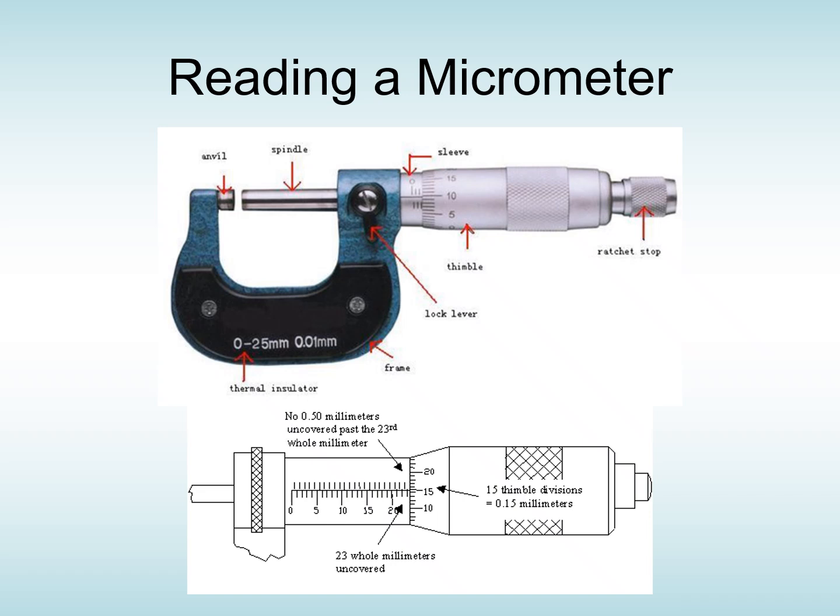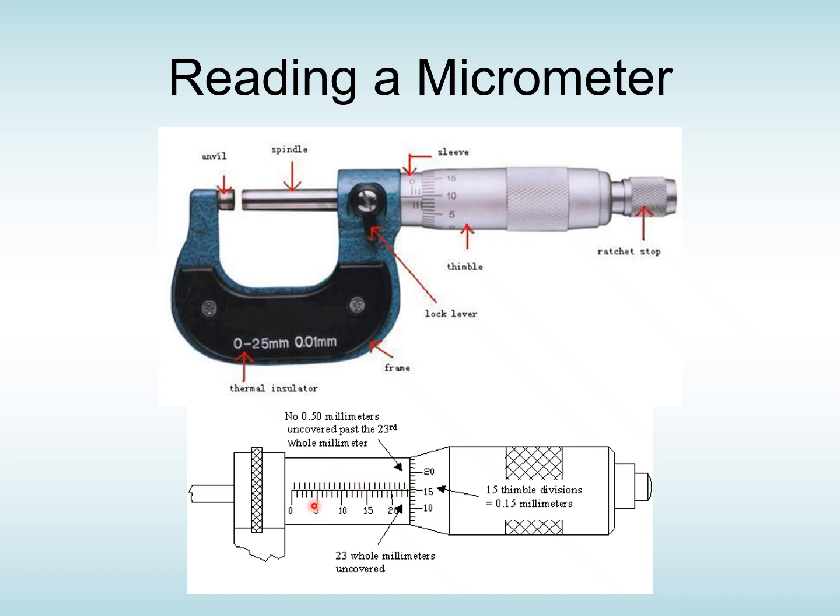Here we have at the bottom the drawing showing how you should read a micrometer. If we look along here, you can see the main scale there, and it's split at the top between solid and half measurements.